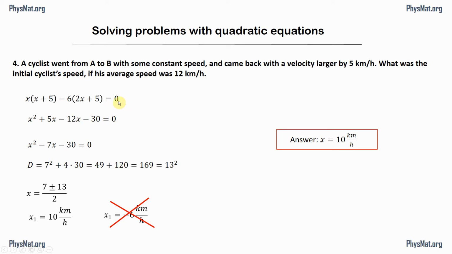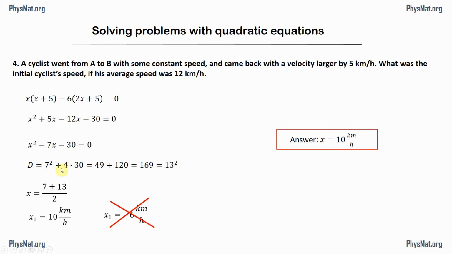This is again our equation. We open the brackets and group terms with x squared, x, and the constant terms together. We get this equation: x squared minus 7x minus 30 is equal to 0. We calculate the discriminant: b squared, b is minus 7, minus 4 times a, which is 1, times c, which is minus 30.